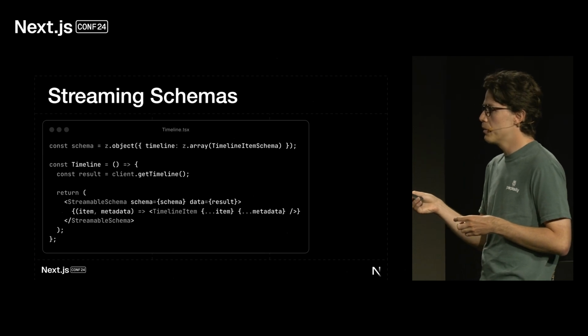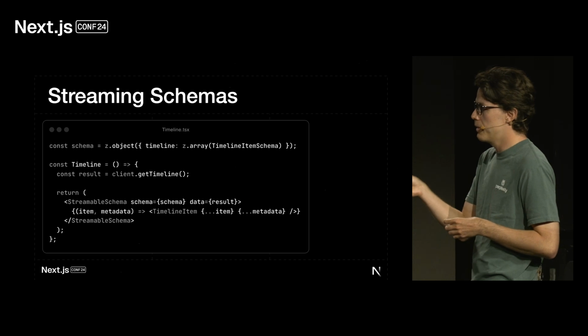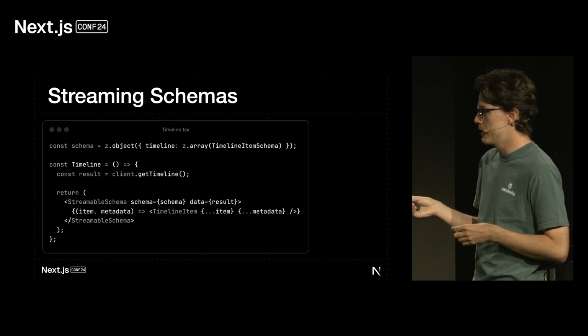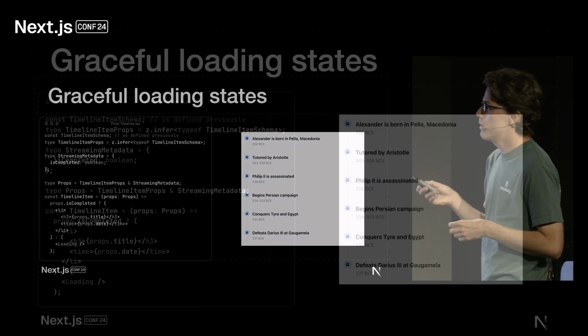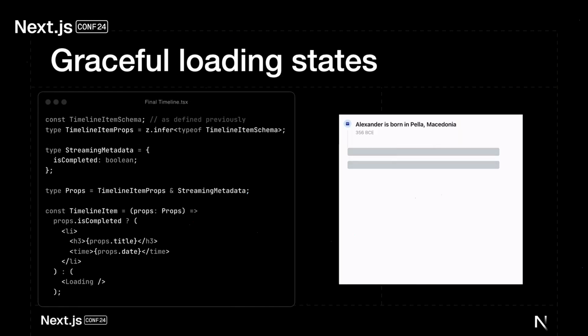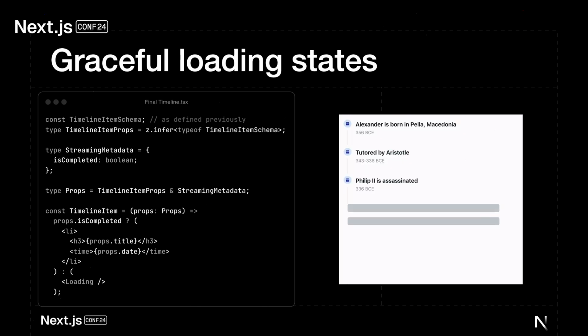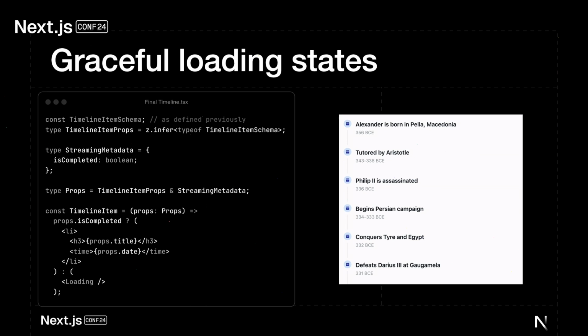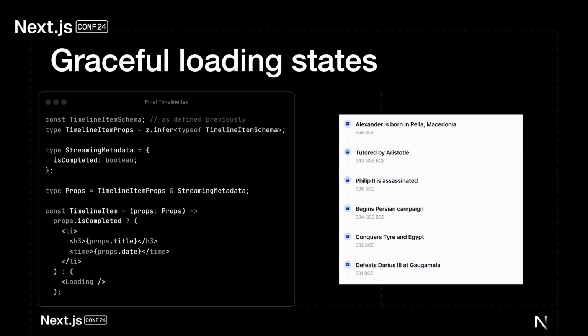So we need to modify our render method here and inject the metadata prop to the timeline item. Anyway, this is the modification that we need to perform. The timeline item schema is defined as usual, inference as usual, and the props are now a union of timeline item props and streaming metadata.